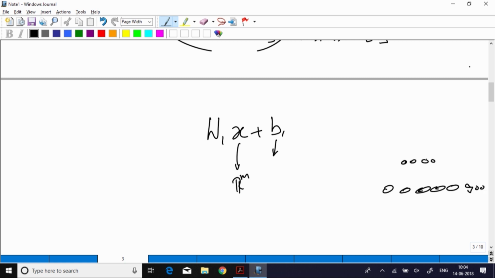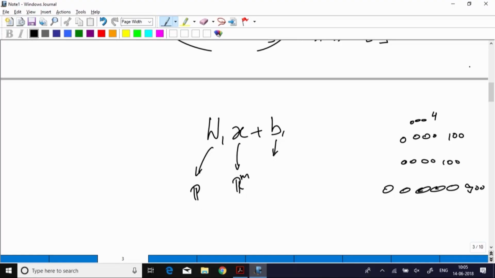Then you had two hidden layers, each of dimension 100, and then the output layer of dimension 4. Now, can you tell me what is W1? It's 900 cross 100, right? I'm going to call it m cross D1, where D1 is the number of neurons in the first hidden layer, and I'll have D2 and I'll have K.